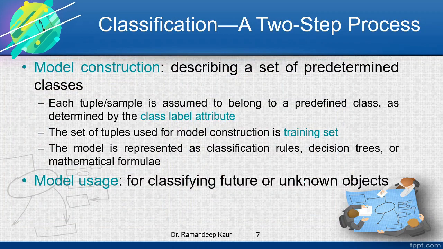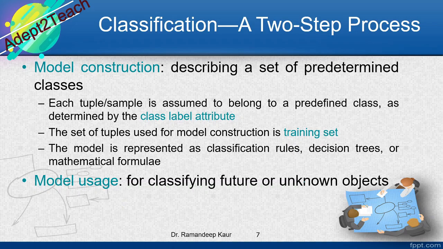Next we will discuss the specific model of supervised learning, that is classification. This classification is a two-step process. Since it is supervised learning, first we have to make a predictive model. We have to give some training data set to it, make the predictive model, and after that test it.